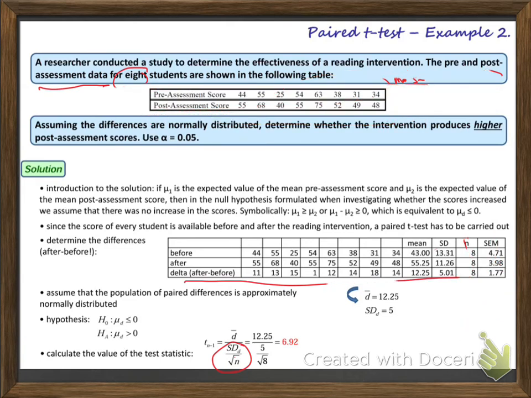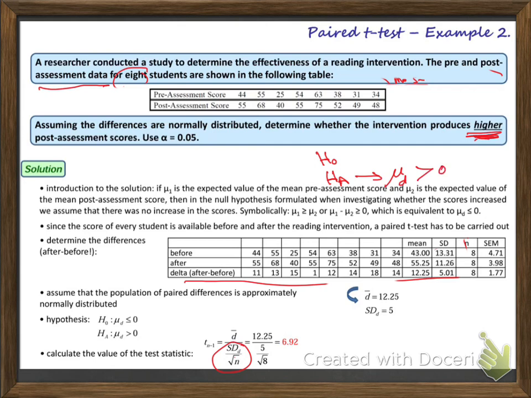So coming here to the question. Assume the differences are normally distributed. Determine whether the intervention produced higher. So what he's looking for, higher, greater than, I always make it the alternative. So H naught and H alternative. The alternative will be what he's looking for, higher than, greater than. So H alternative: mu delta, or difference, higher than 0.